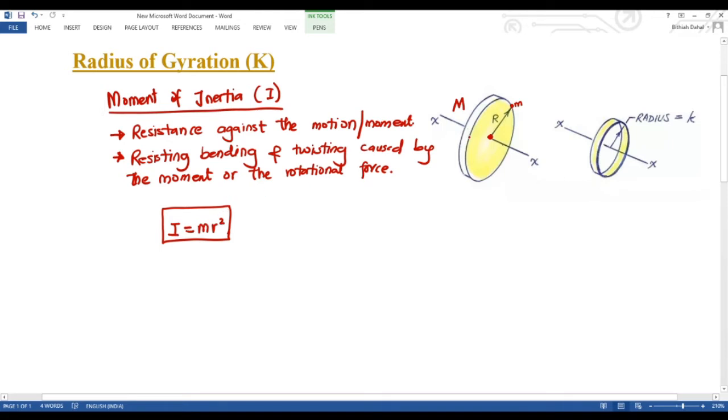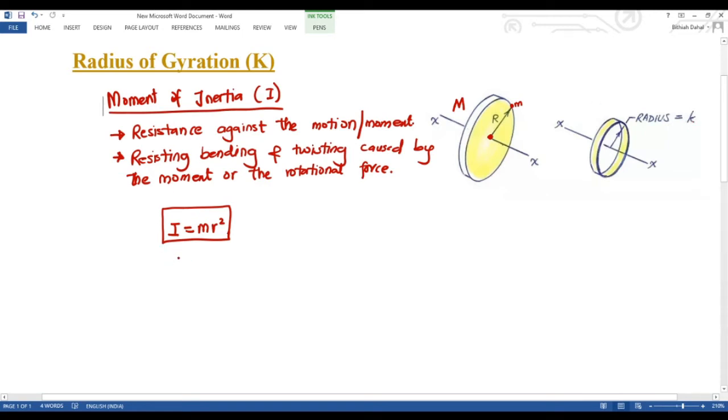So for the whole of this solid circular disc, my moment of inertia will be I equals m r squared, where I is the moment of inertia, m is the mass, and r is the radius, or the distance from this axis of rotation to the point mass. Right? So if I look at the second diagram here, my radius r, which is this distance from the axis to the point mass, can also be written as k, where k is the radius of gyration.